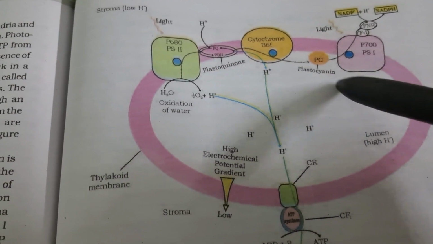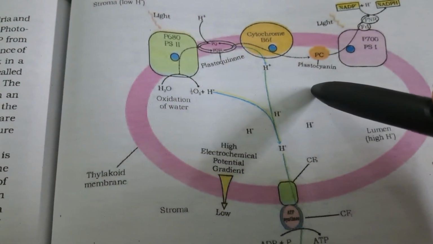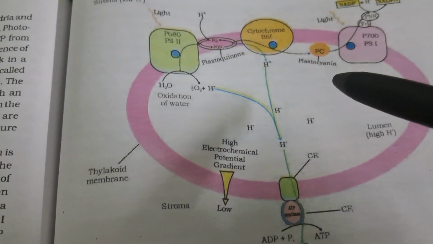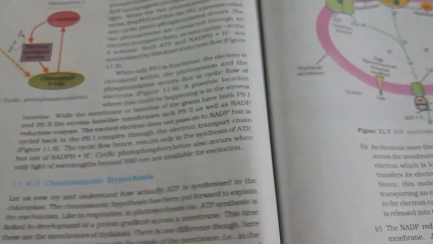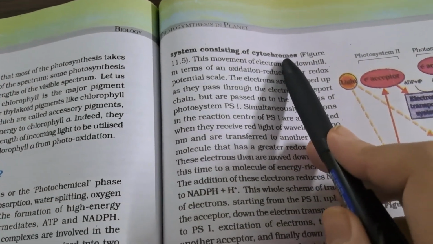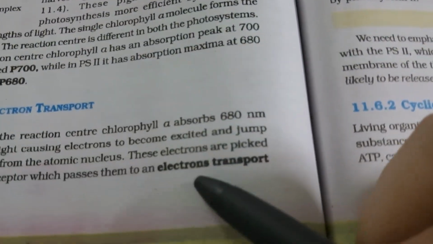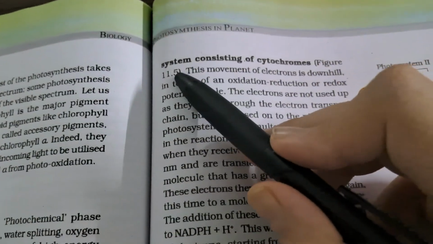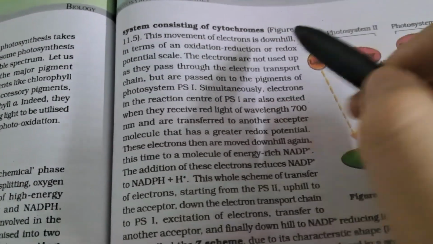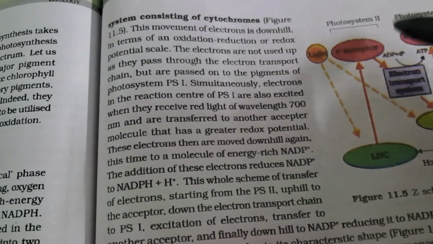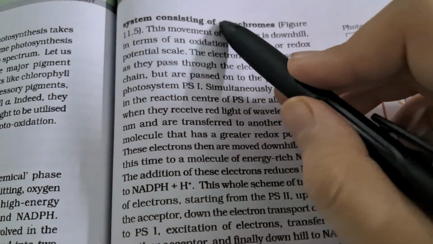What are plastoquinone and plastocyanin? These are the electron carriers, just like in the earlier lecture we mentioned cytochromes in the electron transport system. Here they did not show cytochrome, but I mentioned in that video that cytochrome is an electron carrier.